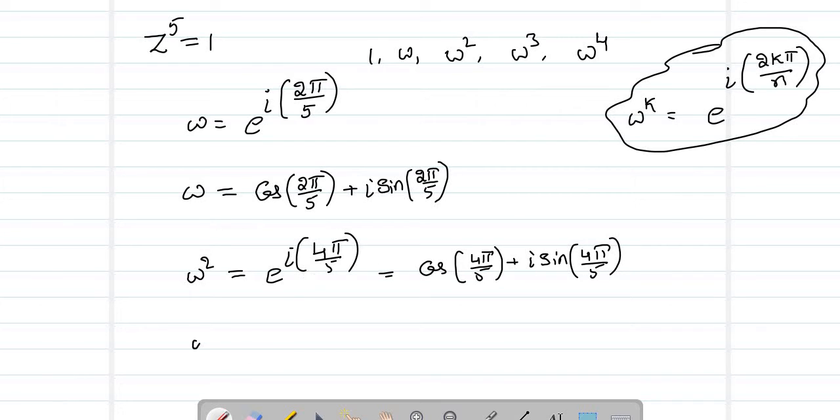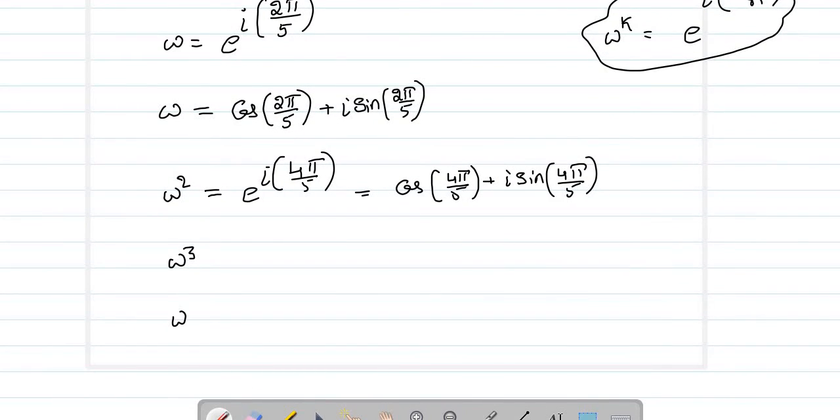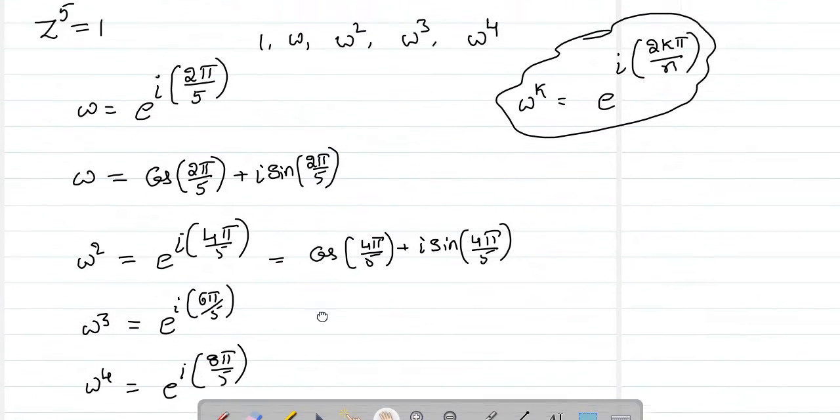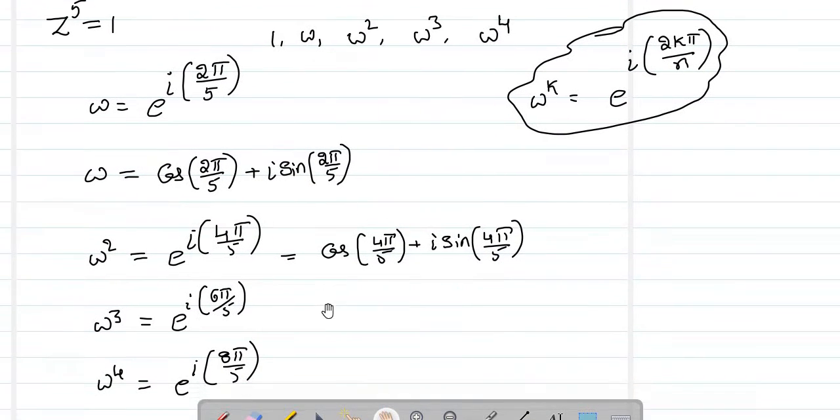Similarly, you can talk about the rest. Omega cube you can write, as well as omega power 4 also. So omega cube is 6 pi by 5, whereas for e power i you get 8 pi by 5. Okay, so these are the fifth roots of unity.